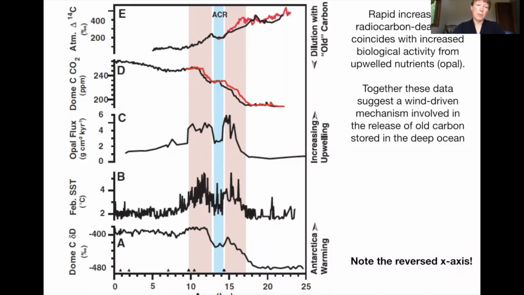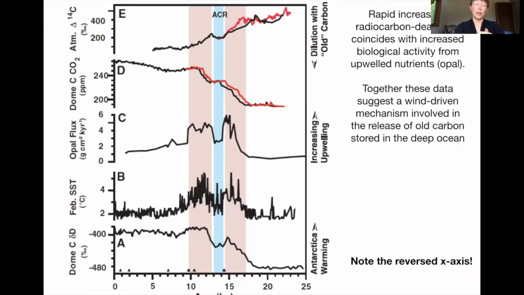So in this upper graph, the blue bar in the middle stands for the Antarctic cold reversal. It's just a 1,000 years or so when Antarctica started to warm and then sort of plateaued or got a little colder, and then it warmed again. All right. And overall, the period that's in pinkish highlighting, that's the deglacial period that they're studying. Okay, so this top graph is showing atmospheric delta C14.